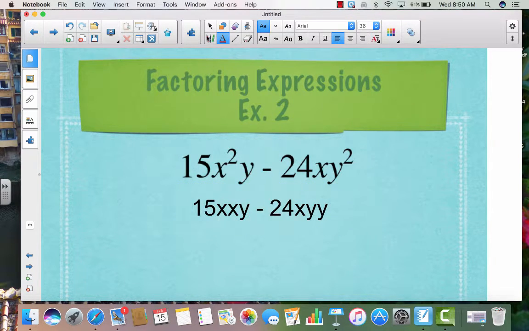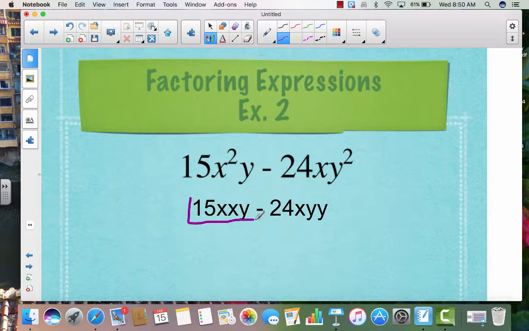I'm going to draw my first bar of cake. And I like to always start with my numbers. So if I look at 15 and 24, I can factor out a 3. And that would leave me with a 5xxy.